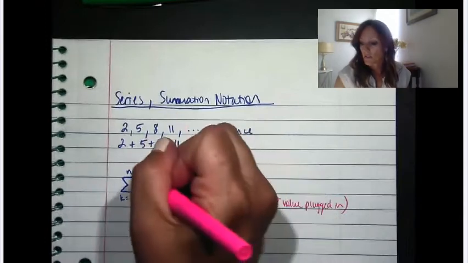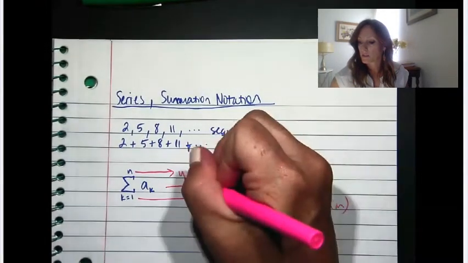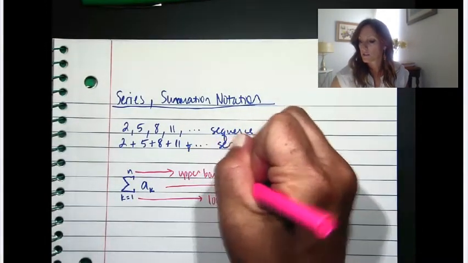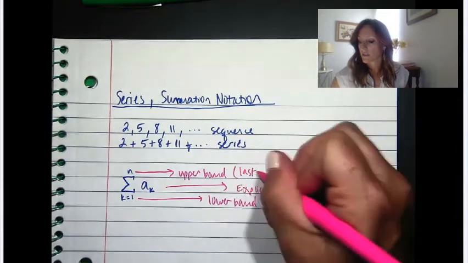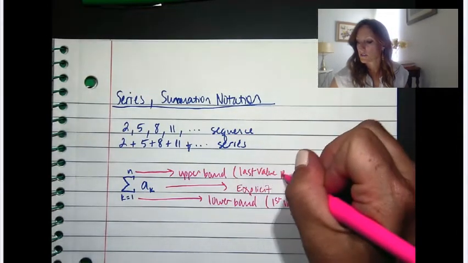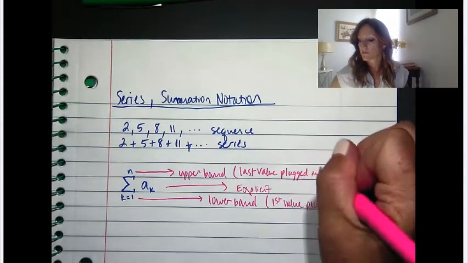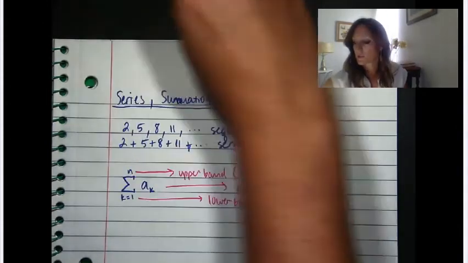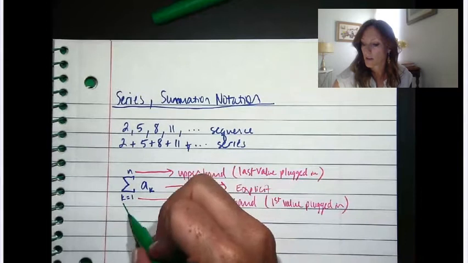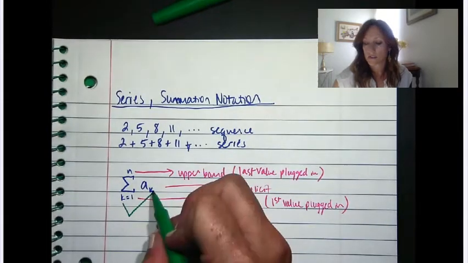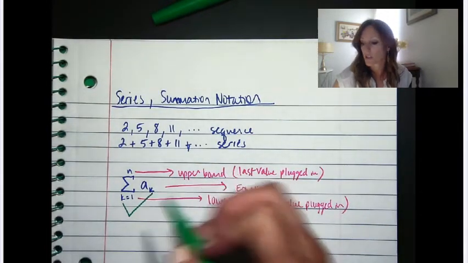And then up top we have n. This is our upper bound, and this is the last value that we plug in. Okay, and then just a couple little notation things. The lower bound's variable and the variable that's in your explicit rule have to match.